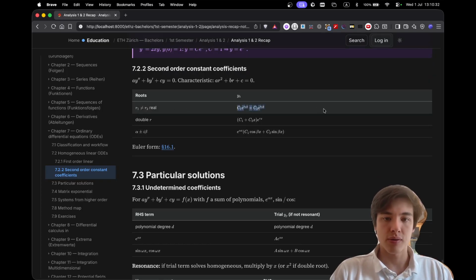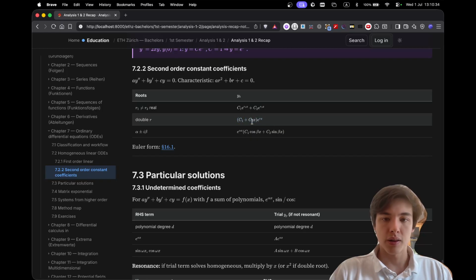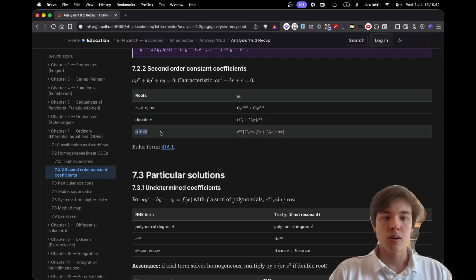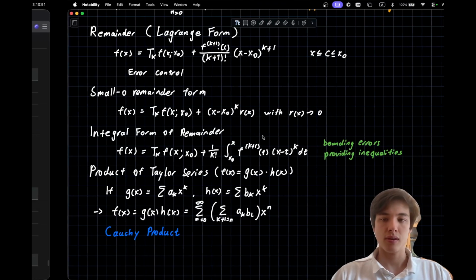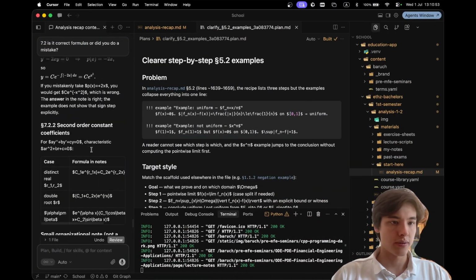If they're real, we have this form. If they're double, we multiply by x. If triple, then x to the power of 2. If there are imaginary roots, then we can write it like this. Not going to go into it.